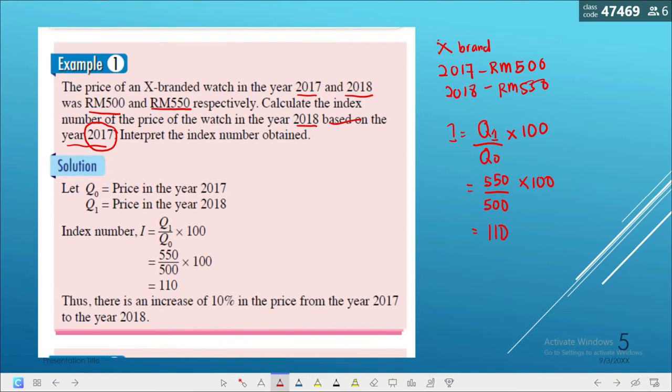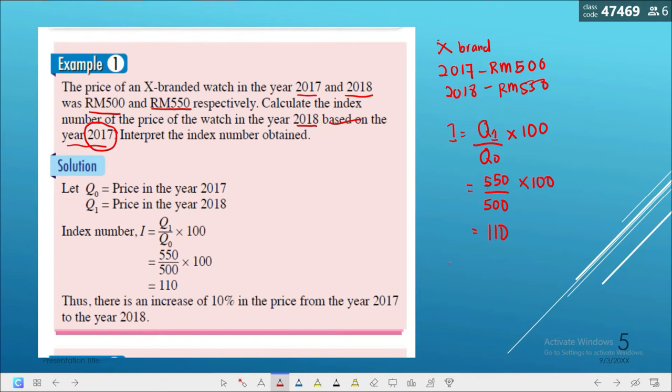Here we can conclude, as it asks you to interpret the index number obtained. You can see it's more than 100. How much is the difference? It is 10. So the price is increasing by 10% compared with 2017.